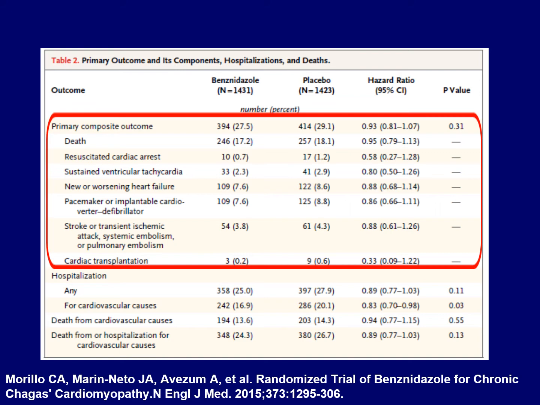So all very severe outcomes, and unfortunately, it doesn't seem like benznidazole had an effect here at all. So disappointing.